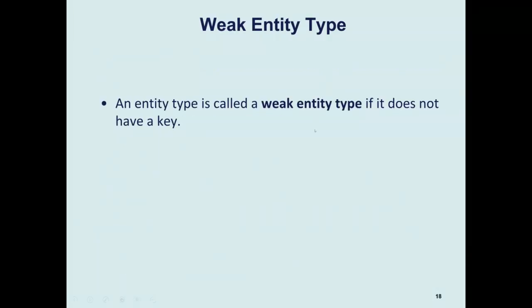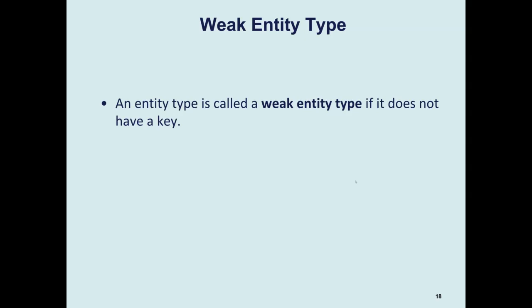And the weak entity type in ER modeling basically means that an entity type does not have a key. Weak entity types usually happen when we finish our first ER diagram design for an application database. Then we perform some kind of optimization, trying to remove the redundant information in the ER diagrams.